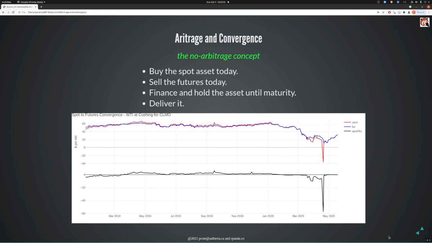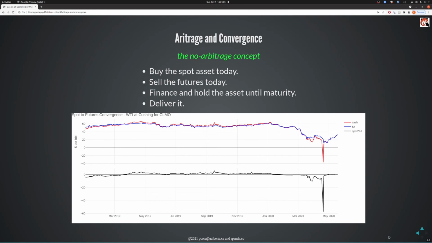Now, the concept of arbitrage and convergence is fundamental in finance. In this specific case, we observe a potential arbitrage whereby the price for cash delivery or early delivery is lower than the price for forward delivery, in this case the June 2020 futures contract for WTI. If the price difference is above the variable cost of storage, it creates an incentive.